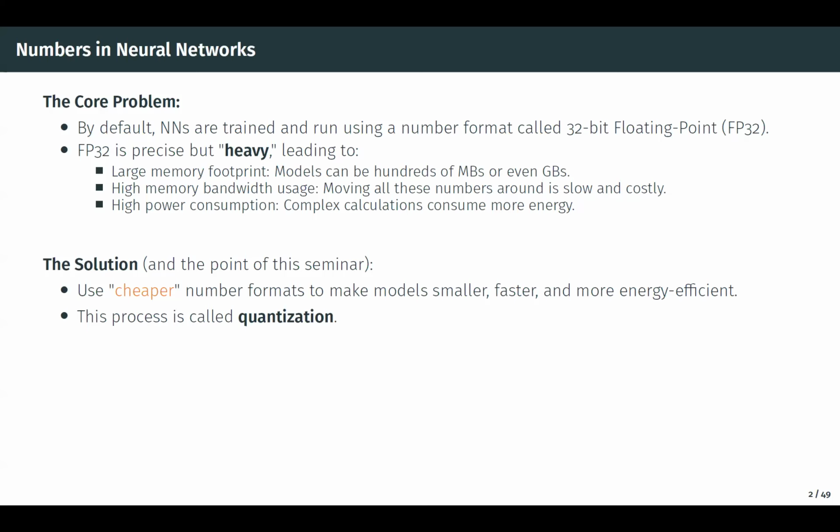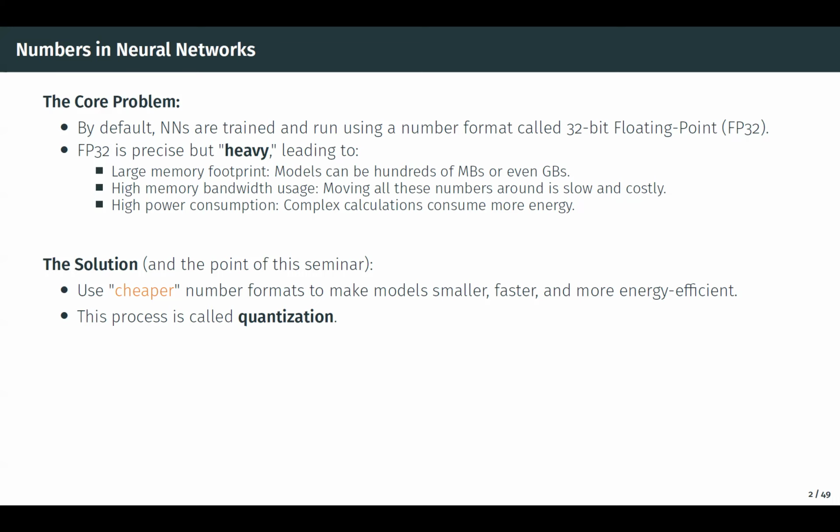So why do we need quantization? The core problem is that machine learning is classified into various domains. We can have deep learning, we can have traditional machine learning, and we can also have these generative models. This presentation is mostly focused on deep learning concepts, but of course they can be extended to even large language models because they are now being quantized as well.